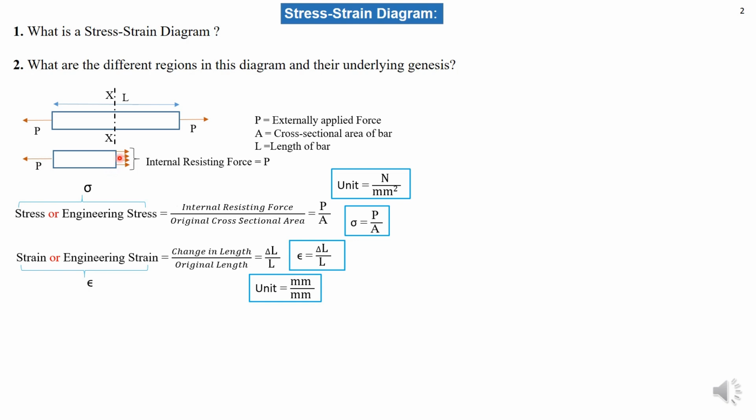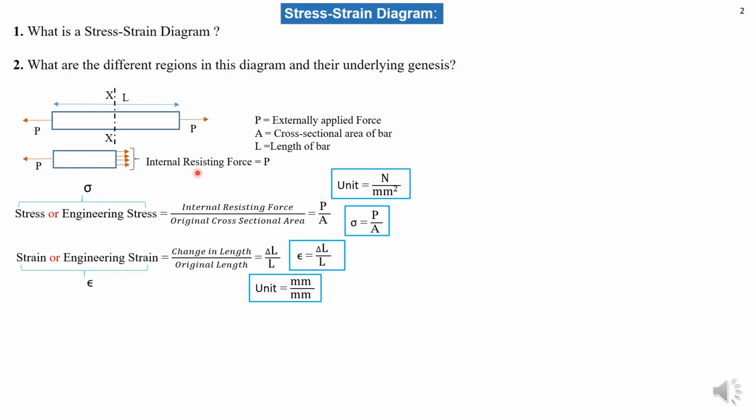but on the right hand side there is an array of arrows, and these arrows represent the internal resisting force, because the bar will try to remain in its equilibrium position, so it will resist the deformation due to the externally applied load.